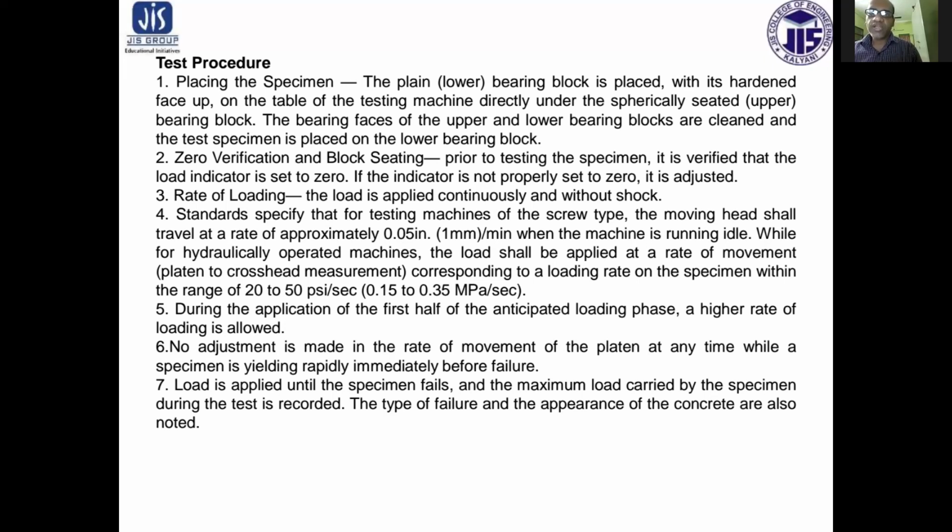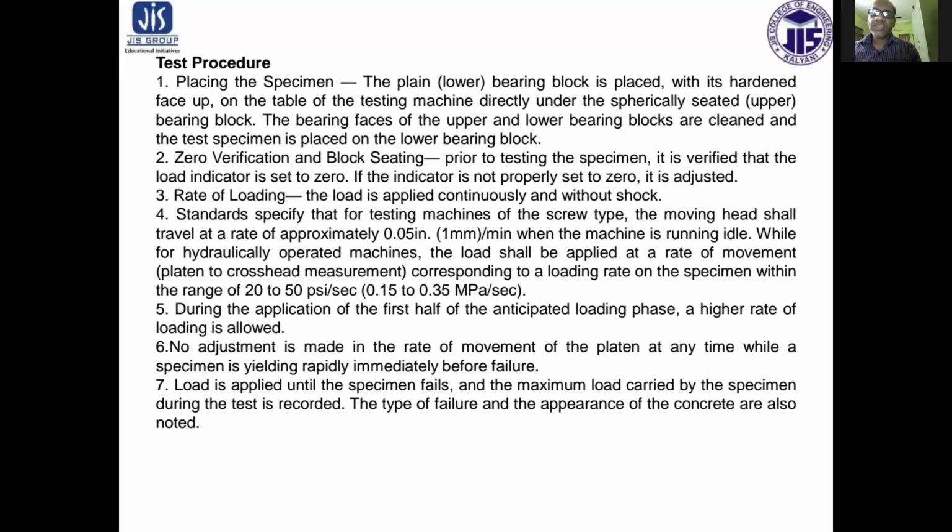The second one is zero verification and block seating prior to testing the specimen. It is verified that the load indicator is set to 0. If the indicator is not properly set to 0, it is adjusted.